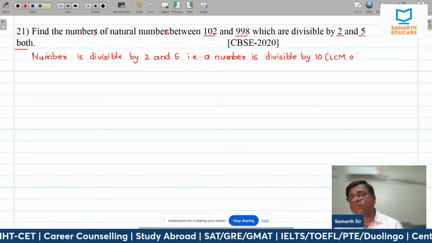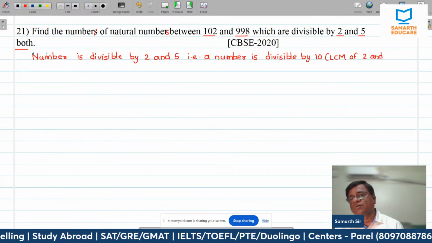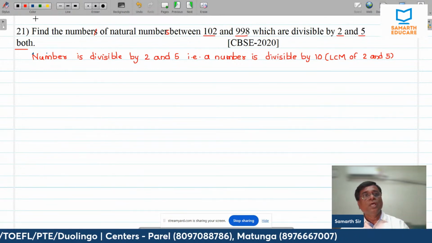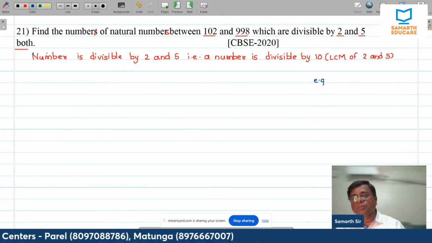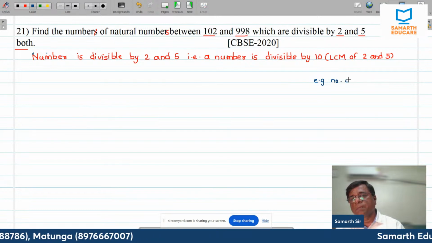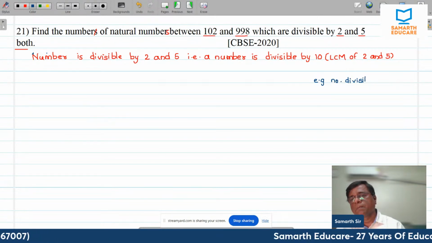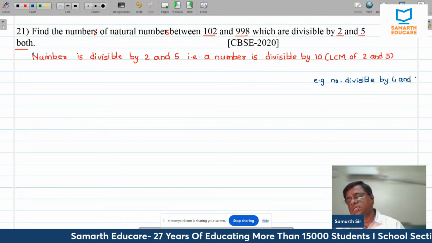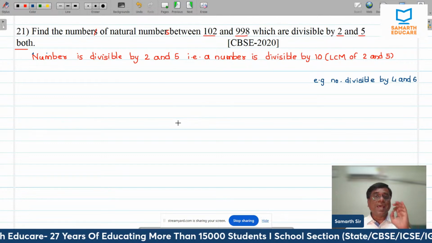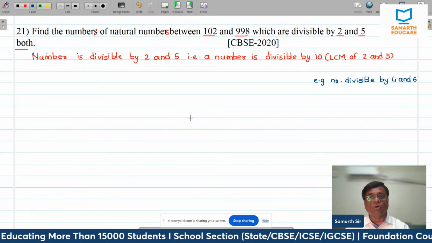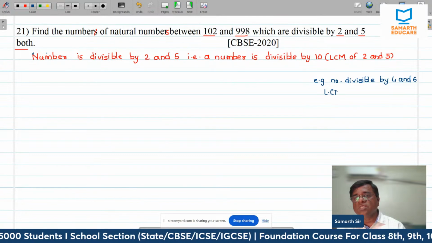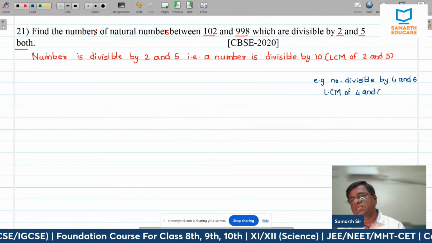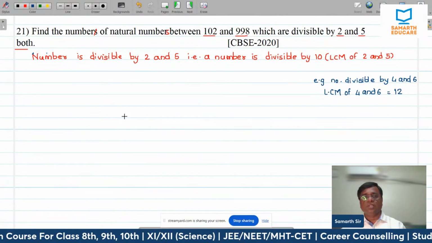LCM of 2 and 5. Okay, so here if you say you are doing 2 into 5, it is fine, but suppose, let's say for example, number divisible by 4 and 6, if you take 24 then it is absolutely wrong. Your answer is going to be wrong. You have to take number divisible by 4 and 6, that is LCM of 4 and 6. What is LCM of 4 and 6? That is 12. Remember.